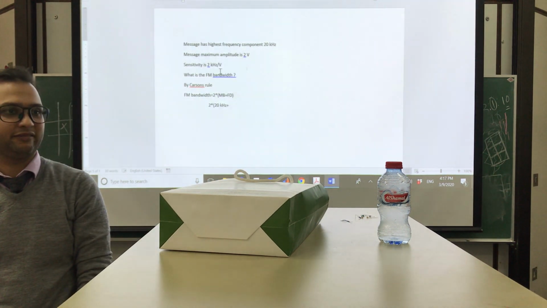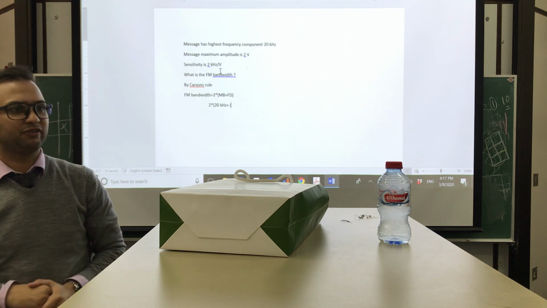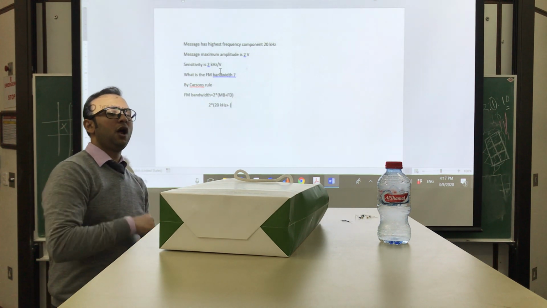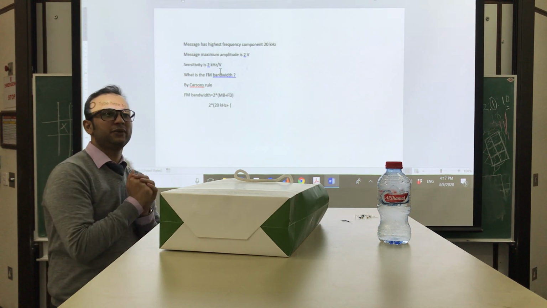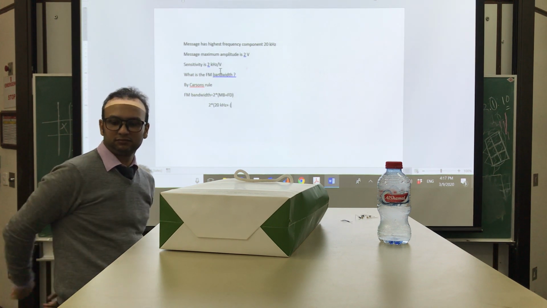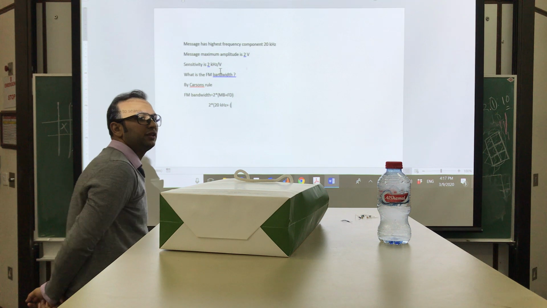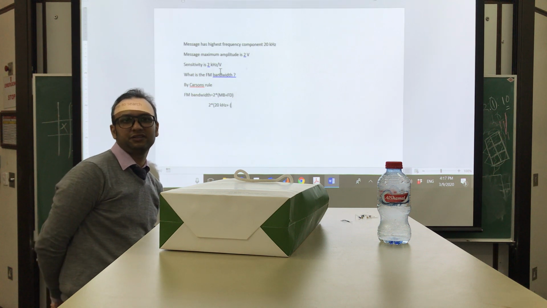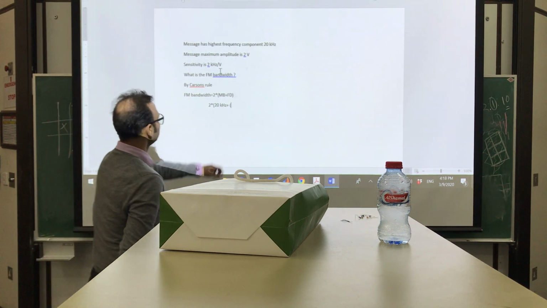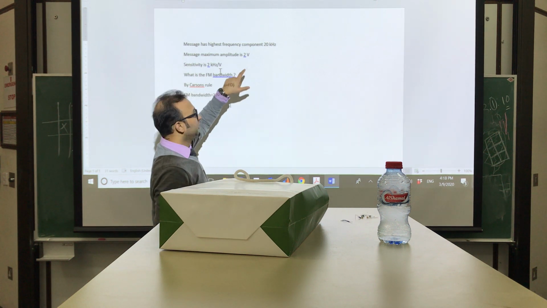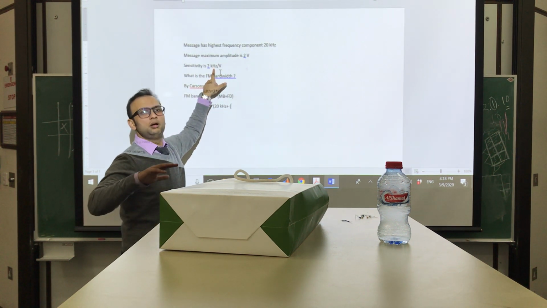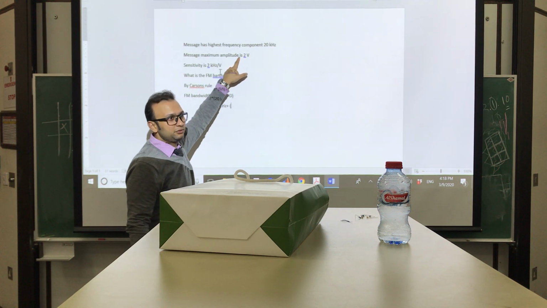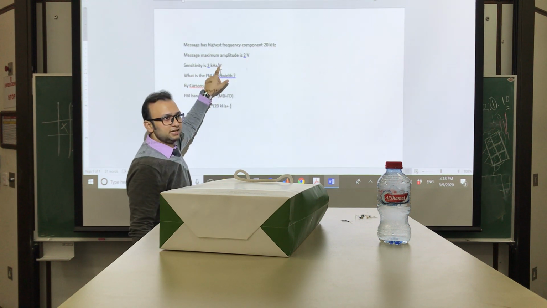Plus frequency deviation. What is the maximum frequency deviation you can have? Before that, what is the unit of frequency deviation? Sorry? Hertz, right? It's frequency deviation, right? Okay, so you already used that. What else do you have? You have amplitude and this. So what do you think the frequency deviation would be? 2 multiplied with this, because volt gets cancelled and then you have that, right?